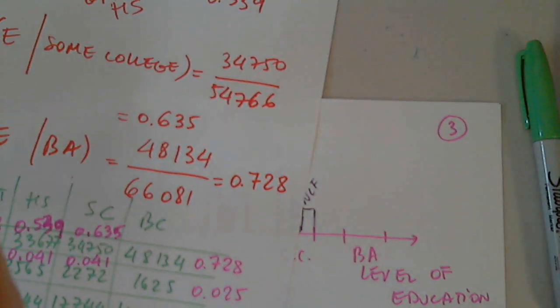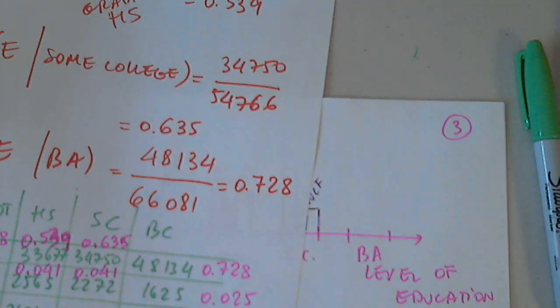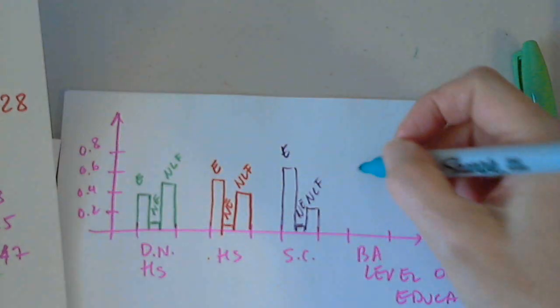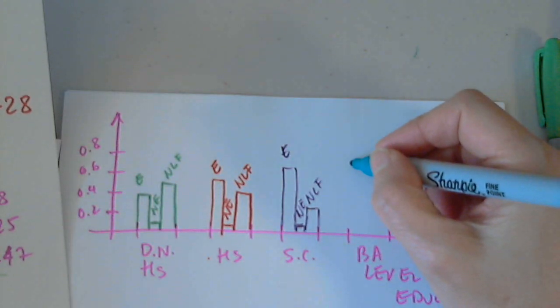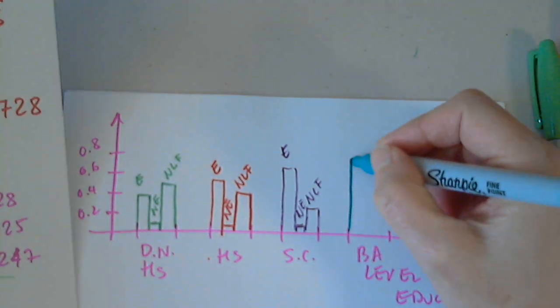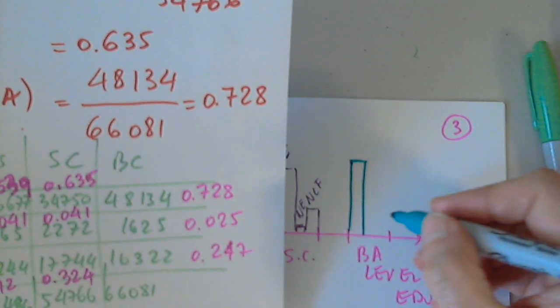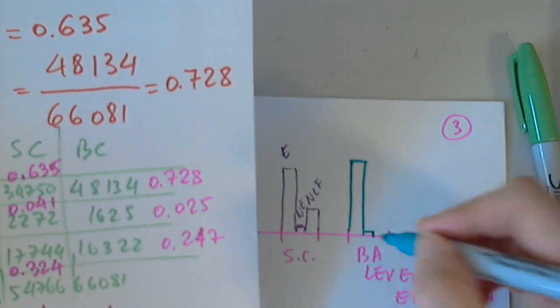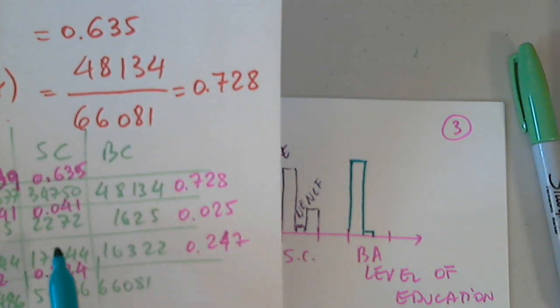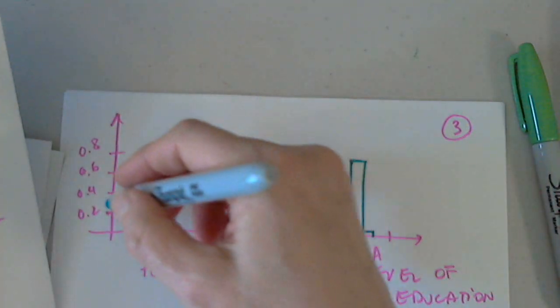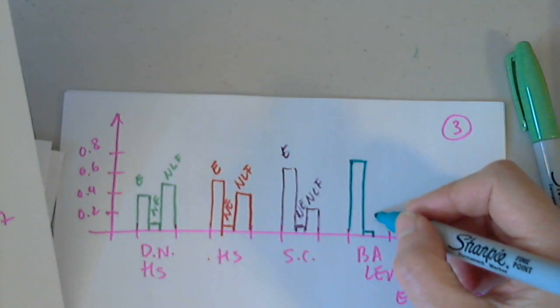Finally, BA, let's move on, 72%. Same, lower actually, lower than 0.04, it's 0.02, and this is 24%.